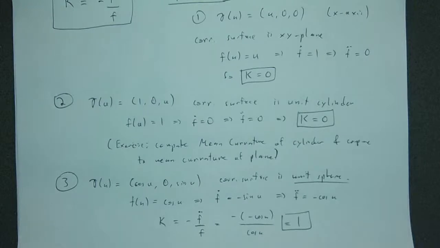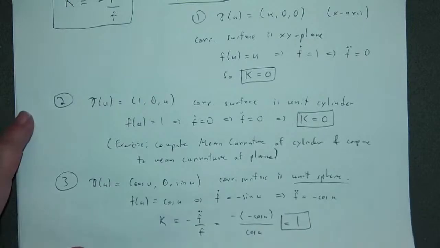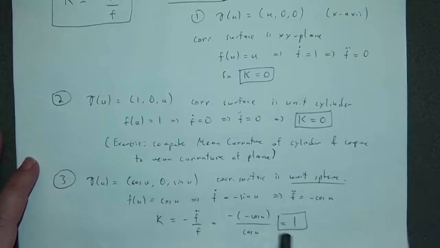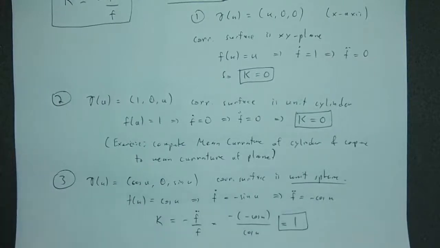Parameterize that as a unit speed curve, you could get a sphere of whatever radius you wanted to. And then, my question to you is, what is the Gaussian curvature? How does this change? You might be able to answer that already. But here, we have that the Gaussian curvature for the unit sphere is 1 everywhere, at all points.